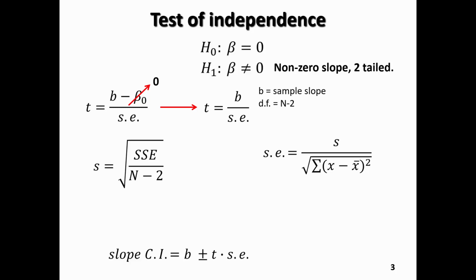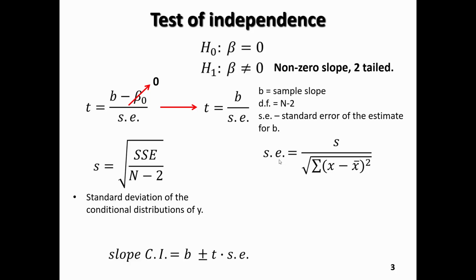The b here, once again, is the sample slope. The degrees of freedom that we'll see here in getting to our calculation of the standard error is the sample size, n minus 2. And the SE is the standard error of the estimate for the slope. To find that standard error of the estimate first requires us to find the standard deviation of the conditional distributions of y.